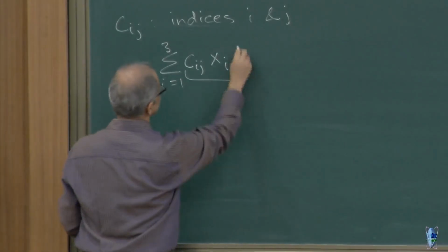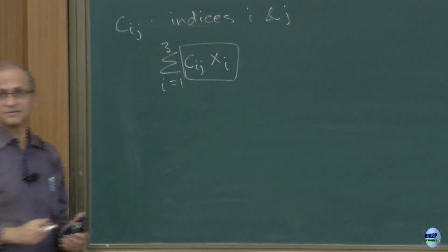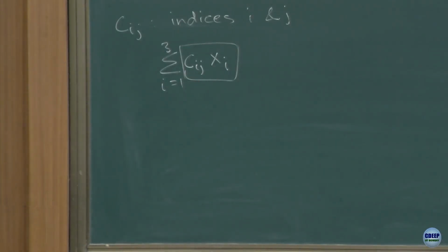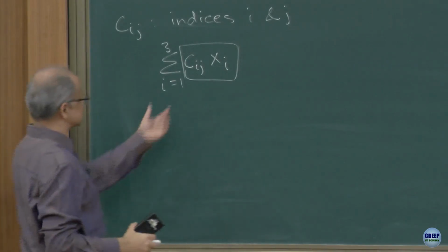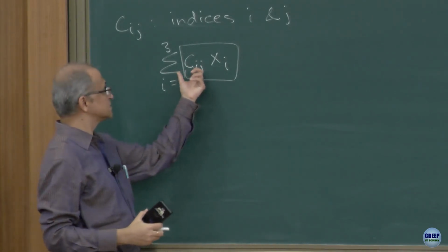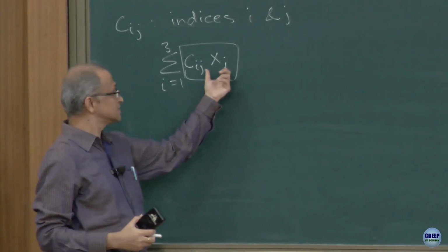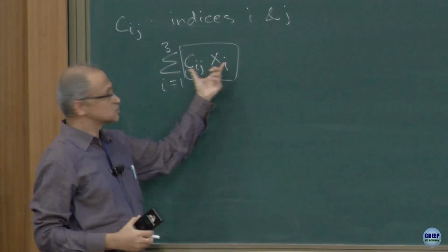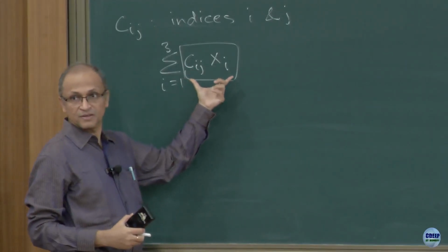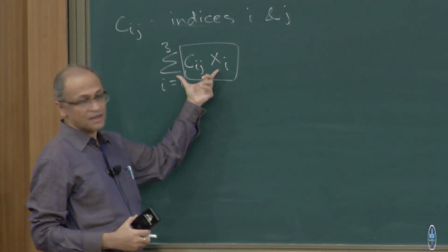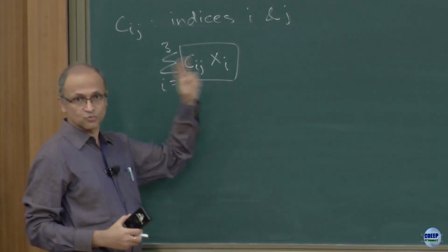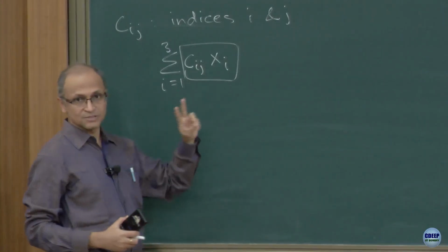So first of all, if I look at this term, what is it that I realize? There are indices on this C which are i and j, and there is an index on this x which is i. So if I take it together, then I will say that i is now appearing twice and j is appearing once.